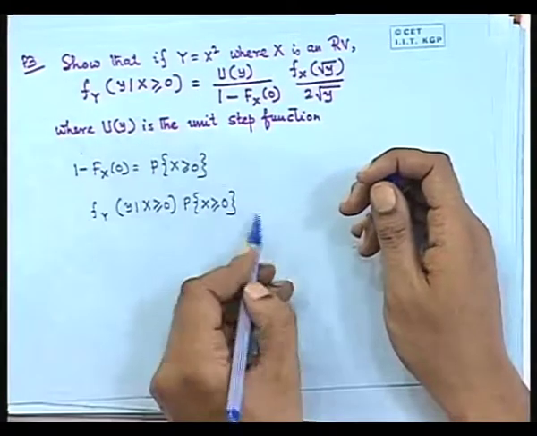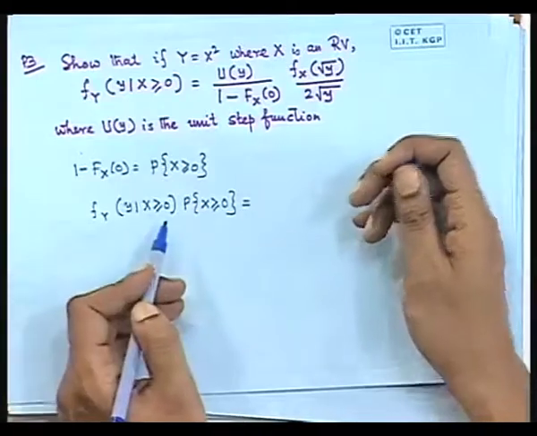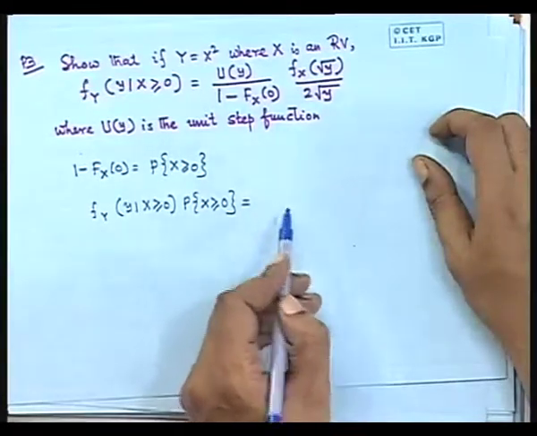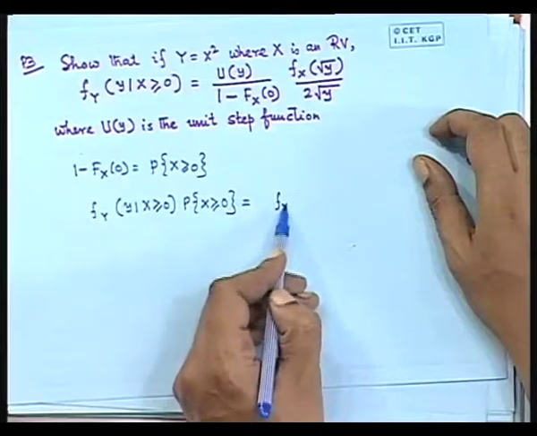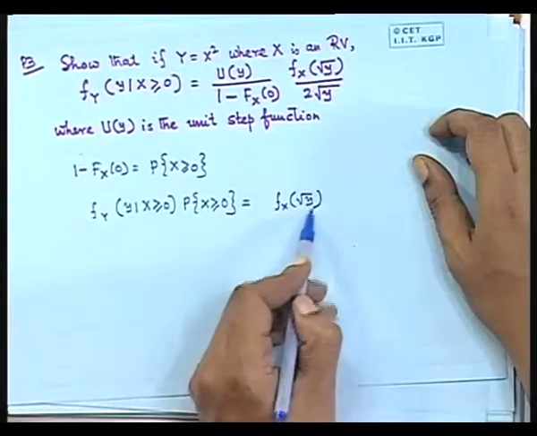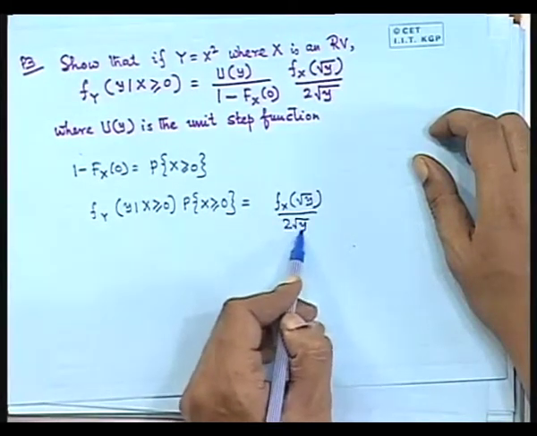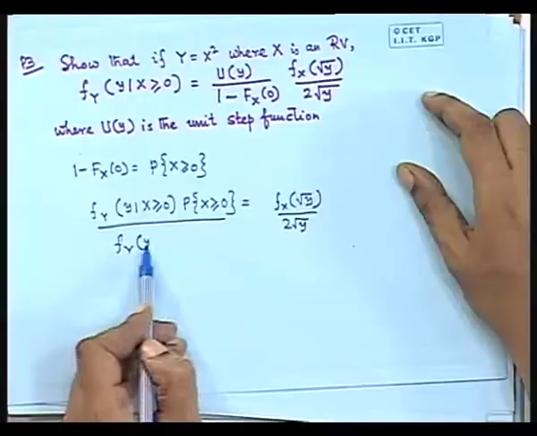If you multiply that, it is equivalent to prove that the same thing is equal to fx of root y by 2 root y. Uy I am for the time being ignoring. It is the same. What is this? This is nothing but fy into y.